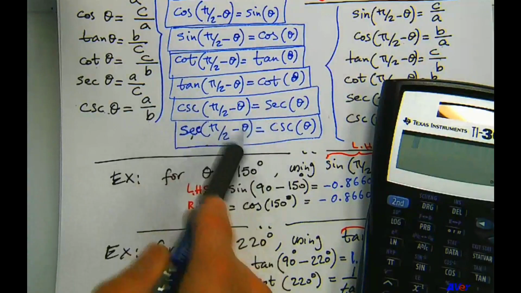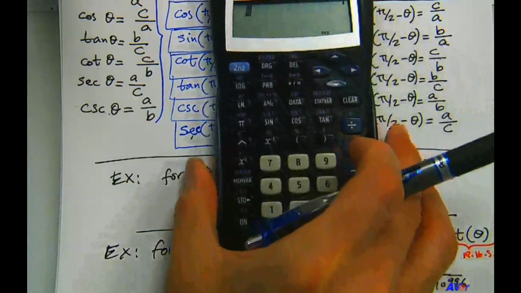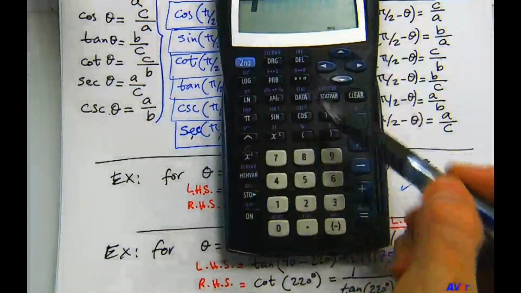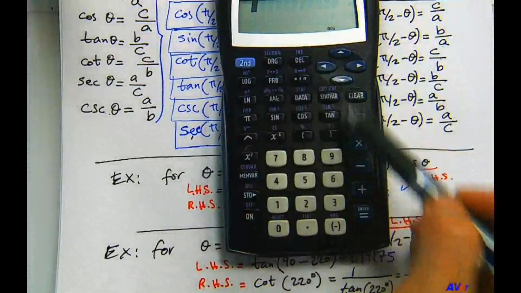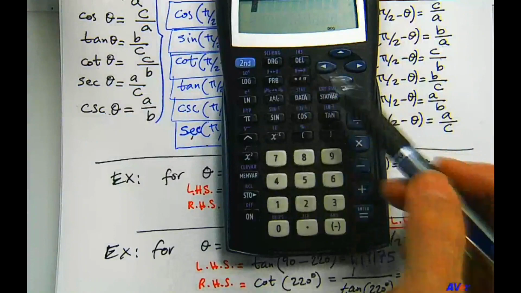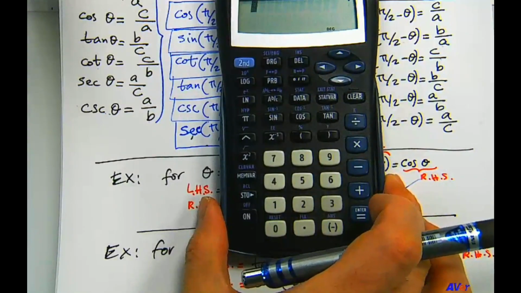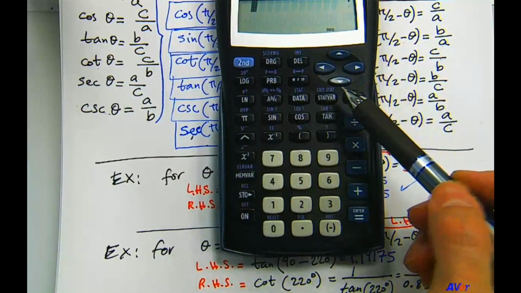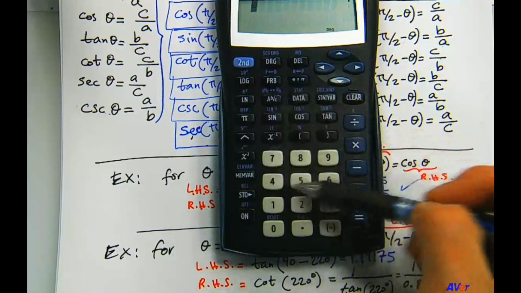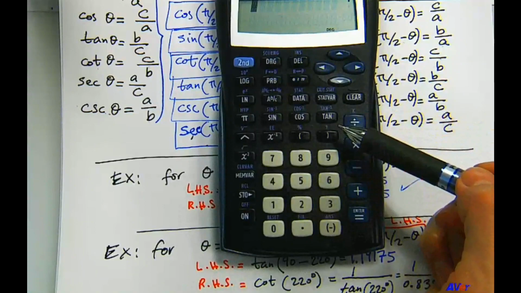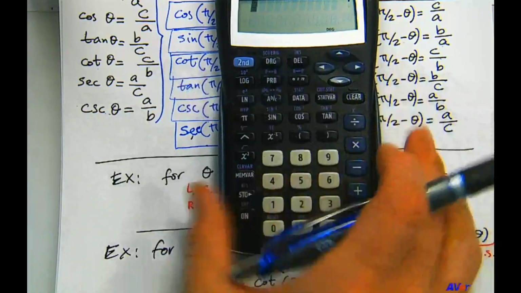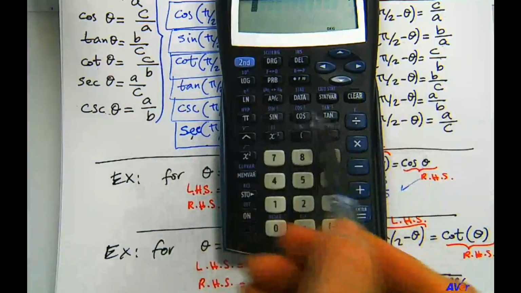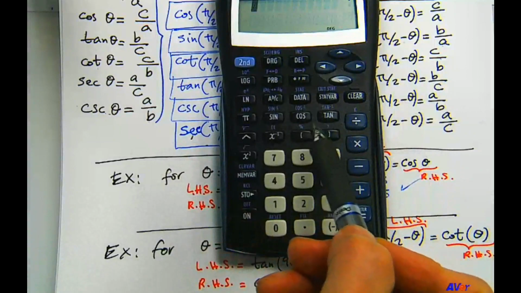Just remember, for cosecant and secant, you're not going to have any keys here. The people who manufactured this calculator were aware of the relationship between trigonometric functions, so they wanted to save space on this keypad, and they did a good job, I think. So there is no cosecant or secant button on this.